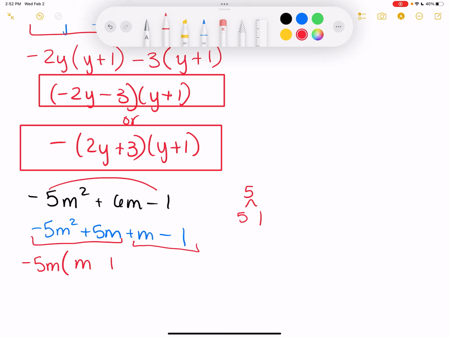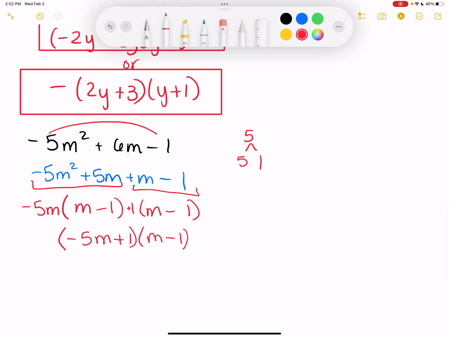We have a positive divided by a negative. It's going to be negative. Over here, do I need to take anything out to make this match this? No. Now, in reality, there's still a 1 that's technically being taken out. I usually write it just so I don't forget when I go to write my new terms. So then, negative 5m plus 1 times m minus 1.